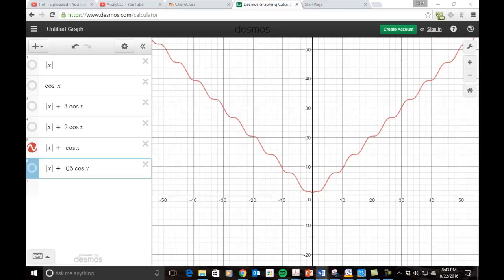And now finally, I'm going to reduce the coefficient by a substantial amount, by 20 times, to make it very small for the cosine of x. Let's say 0.05. At this scale, it's very difficult to even see how the cosine portion of the function has an effect on the graph.